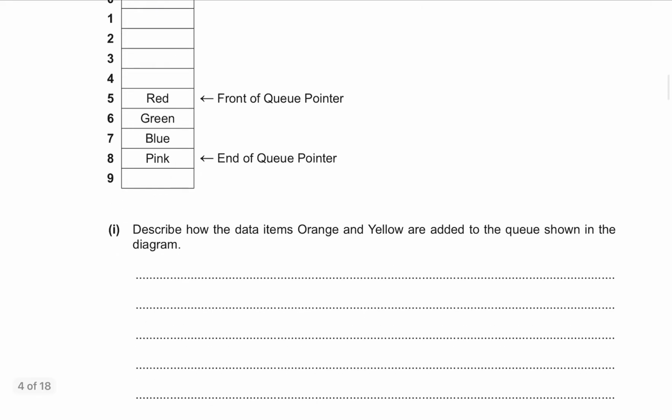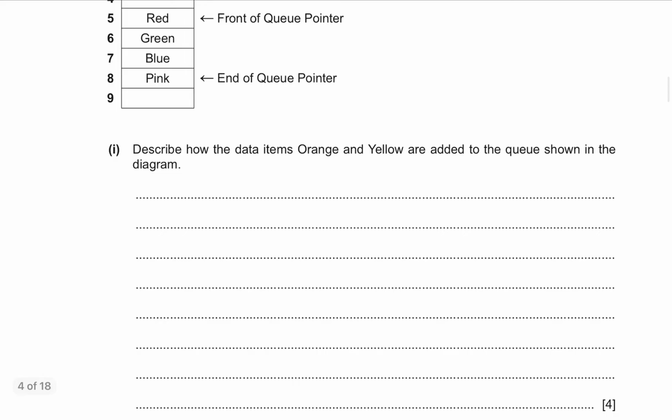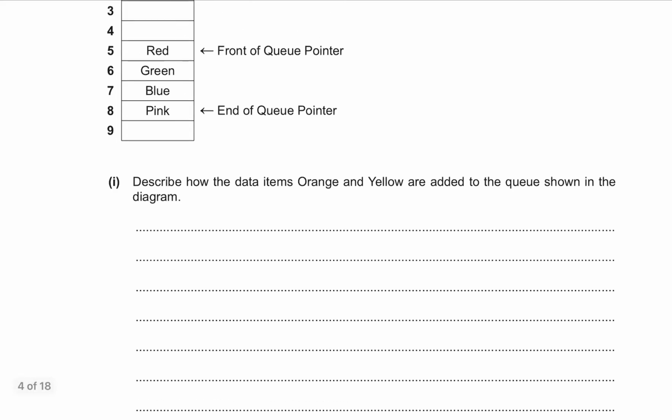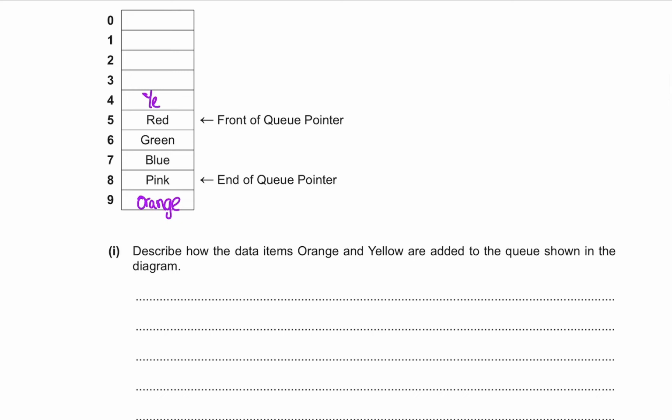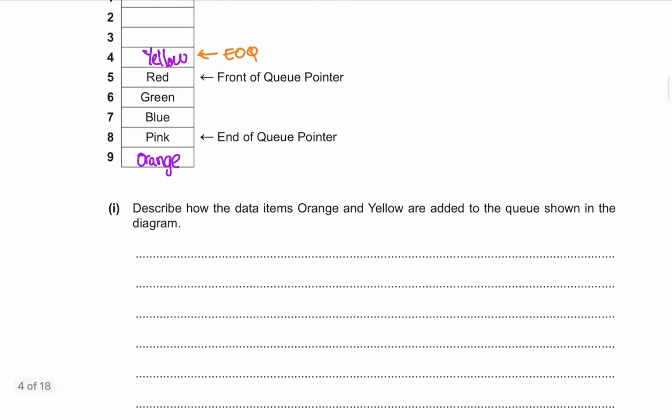Describe how the data items orange and yellow are added to the queue shown in the diagram. So you have to add orange and yellow. Your end of queue pointer will be this. You have to describe.